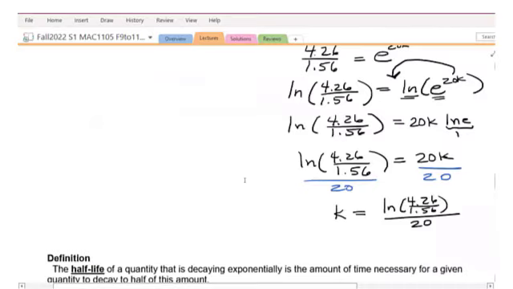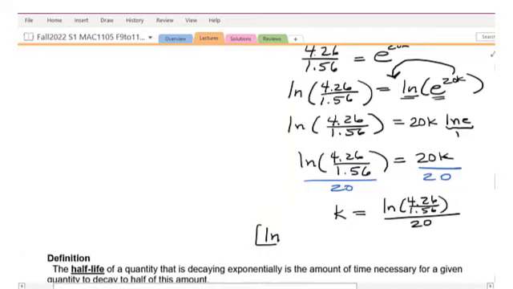Okay, so let's see what we get here. Natural log of 4.26 divided by 1.56 close parentheses divided by 20. So this is what I typed into my calculator. I hit the natural log button, it automatically puts a parenthesis on my screen.